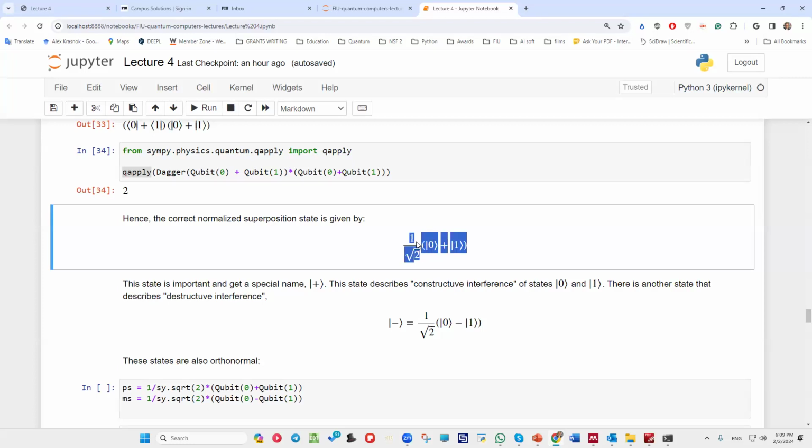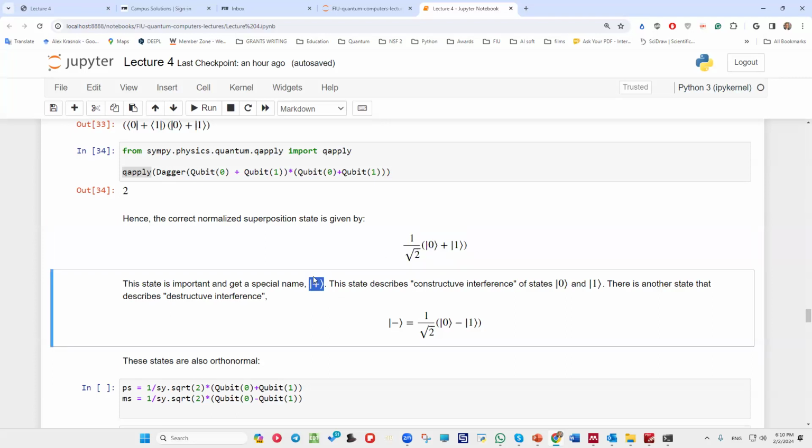And since this state is important, we give a specific name to this state, and we denote it by state plus. Okay, so this state plus is the perfect superposition of two states, 0 and 1.